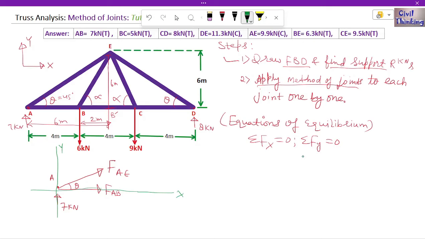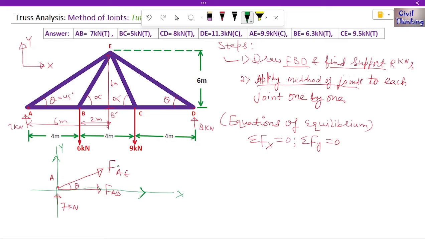So in order to make this fit, we are going to resolve this force into two components, one is the x component and another is the y component. Then we will apply these equations and consider these components.